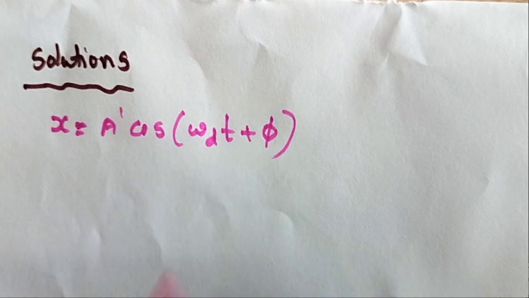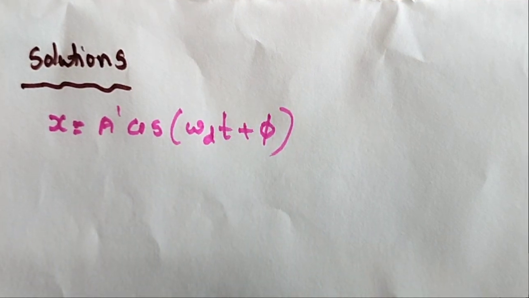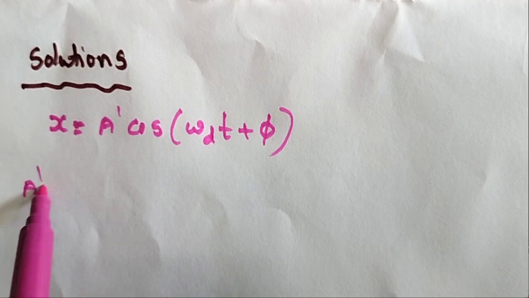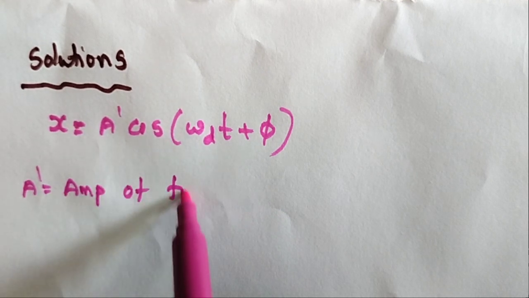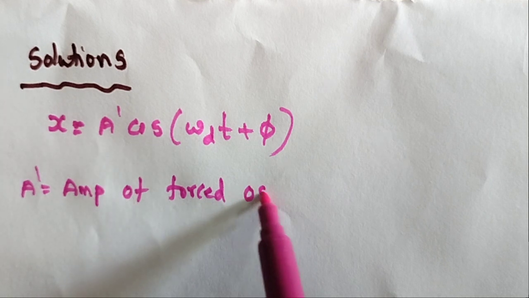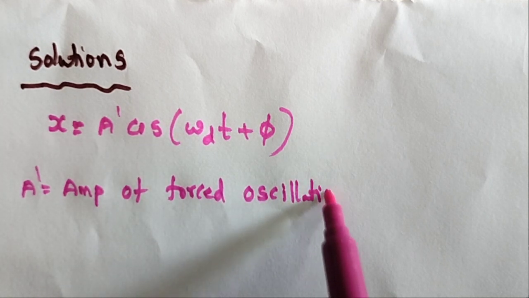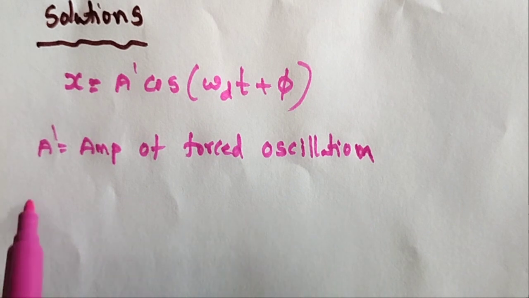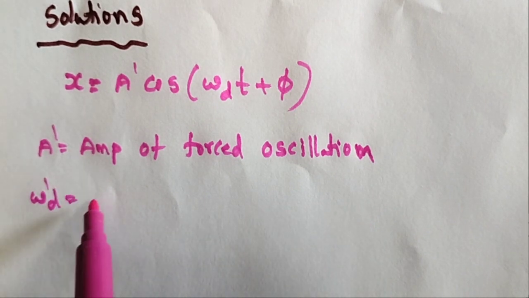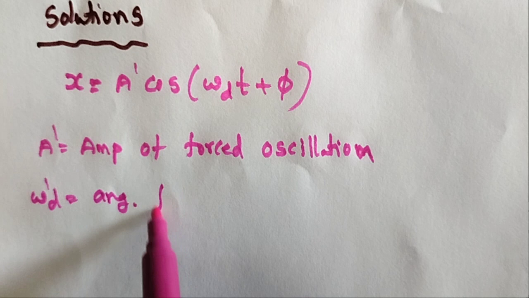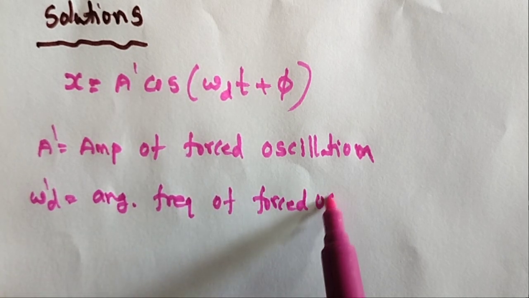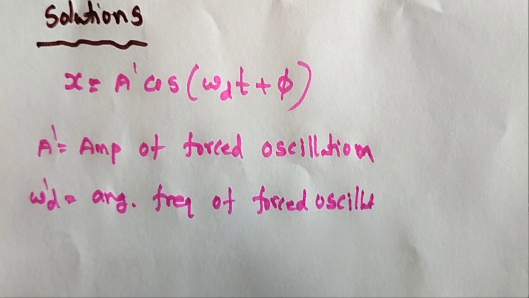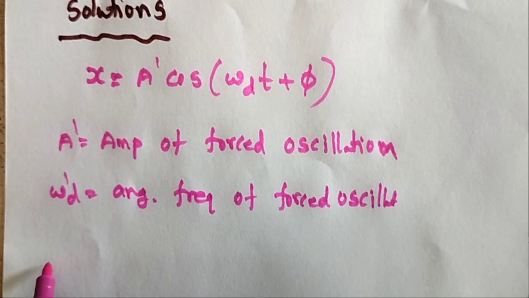This is the solution of the forced oscillation, where a dash is equal to the amplitude of forced oscillation and omega d is equal to the angular frequency of forced oscillation. So here, what is the amplitude?